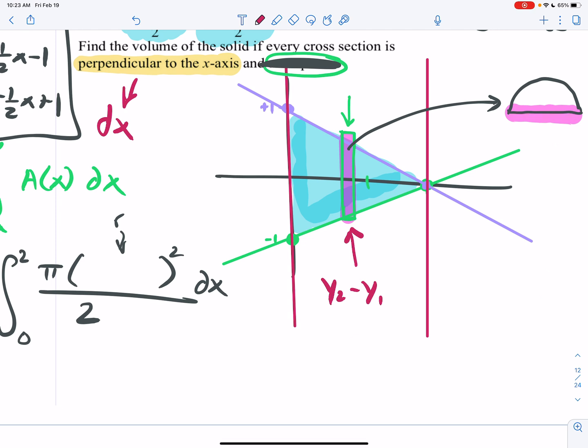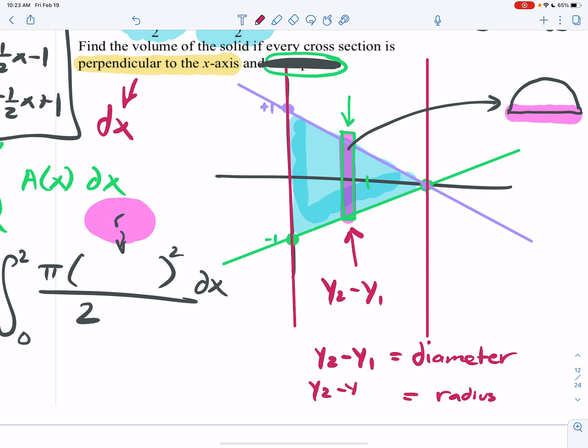That is actually the diameter. So when we say y2 minus y1 in this picture, that's actually the diameter. But what we need is the radius. So how would we find that, right? So this right here, the radius is always half of the diameter. So you know the radius is really just y2 minus y1 all over 2.